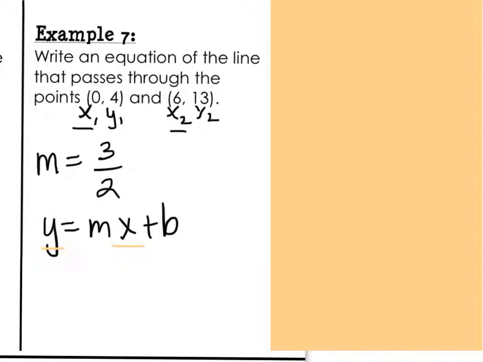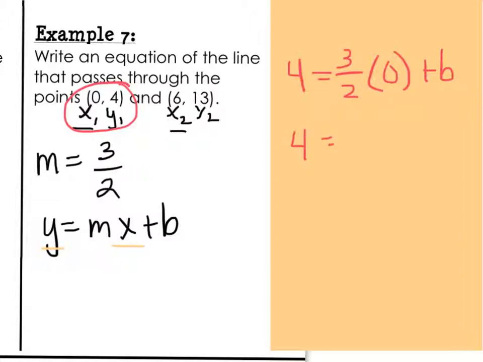So my y value there is 4. So 4 equals, my slope is 3/2, and my x is 0, plus b. I get 4 equals 3/2 times 0, which is just 0, plus b. So that gives me b equals 4.